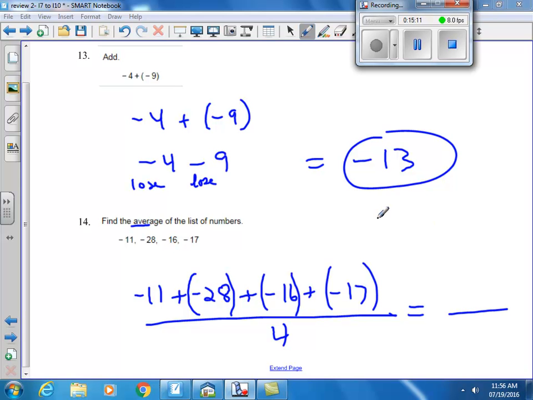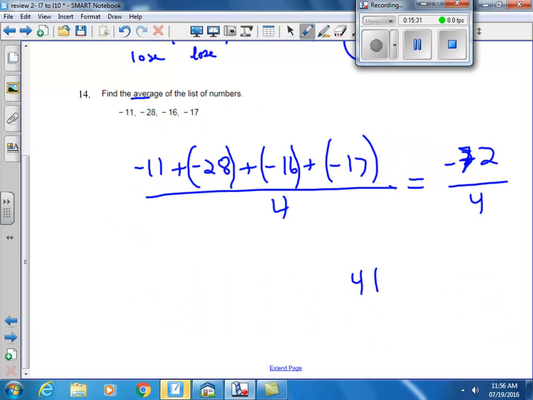So let's just take 11 plus 28 plus 16 plus 17, and we have a 72, but it's an overall loss of 72 over 4. And then we can perform that division. We can take 4 into 72.